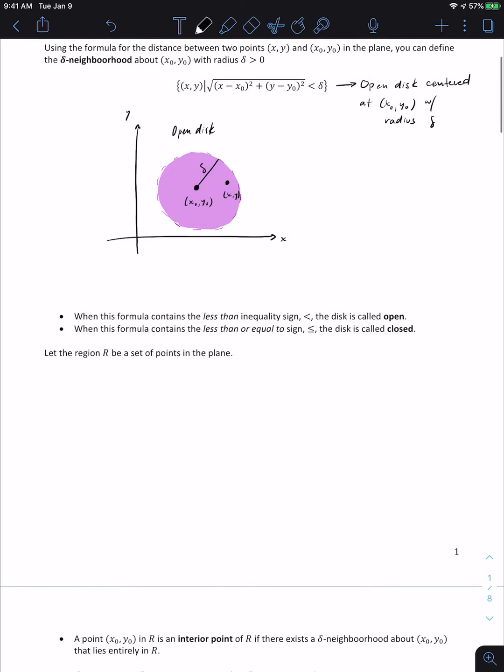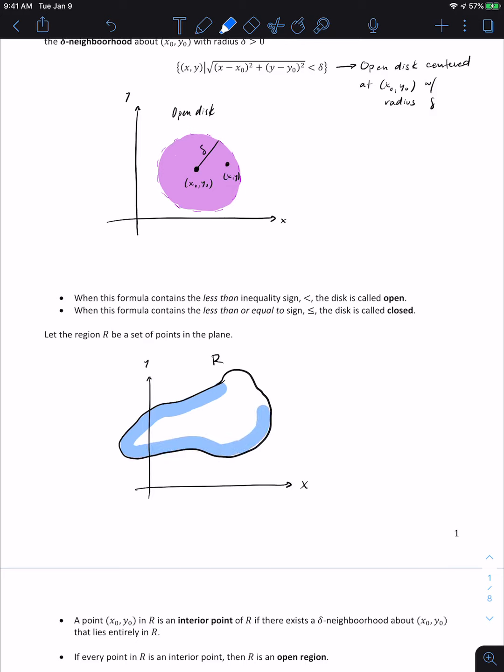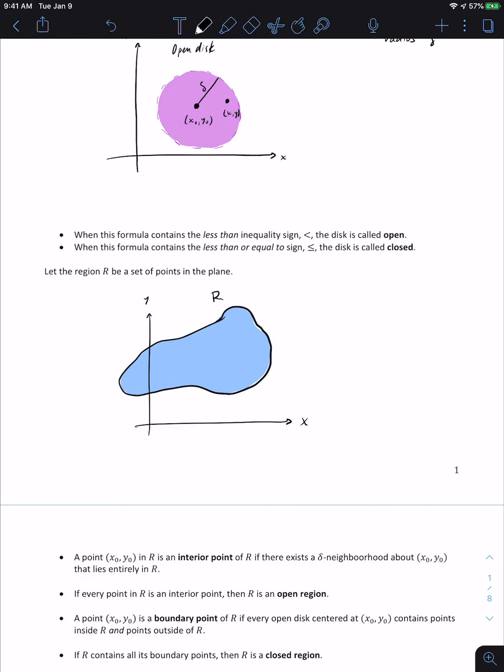Let the region R be a set of points in the plane. Say this is my coordinate plane, x and y, and this is my region R, a set of points in the x and y plane.